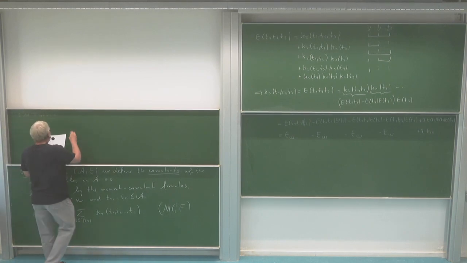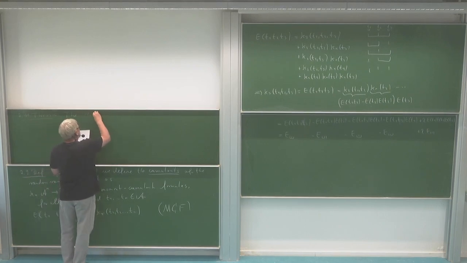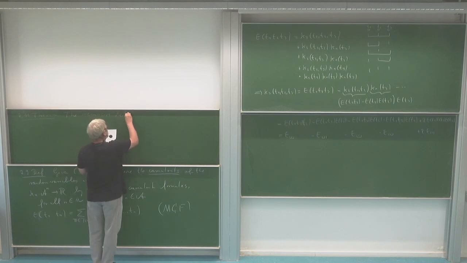Okay, so this definition here, which was a kind of recursive definition, or an implicit definition, not giving the kappas explicitly, but only with an equation.